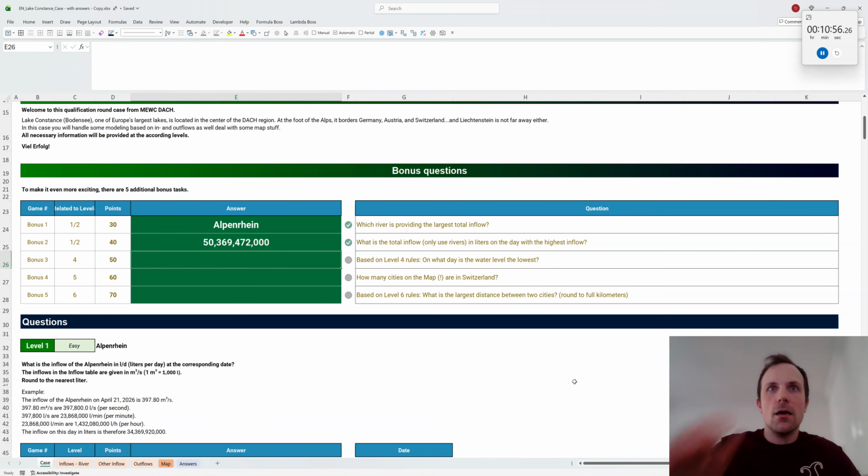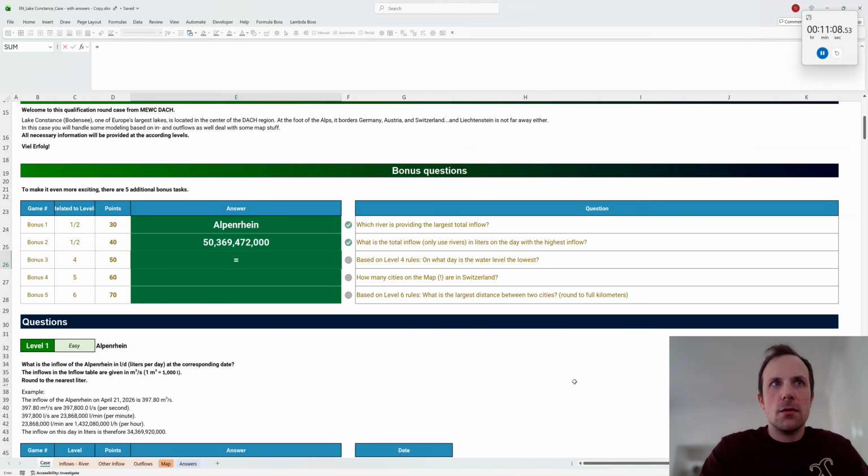Amazing. On what day is the water level the lowest? So I'm not sure this will work with a pure array formula. So I want to do what day is the water level the lowest?